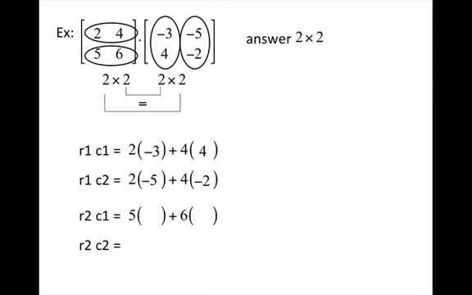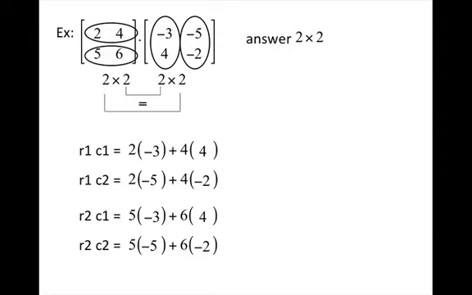I'm multiplying row 2 by column 1, so I'm going to fill in the column 1 numbers inside the parentheses. And then finally, row 2 is 5, 6, so I'm going to do 5 followed by a parenthesis and 6 followed by a parenthesis. This time I'm multiplying row 2 by column 2, and column 2 is -5, -2.